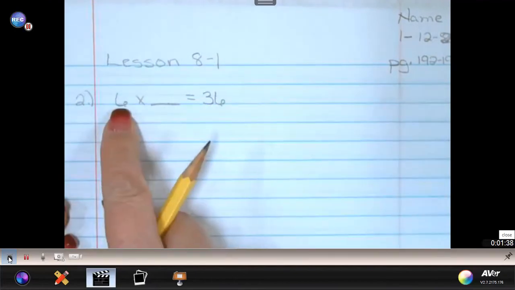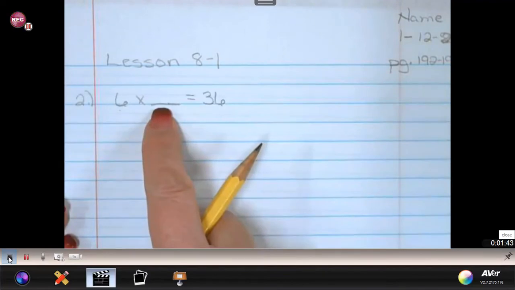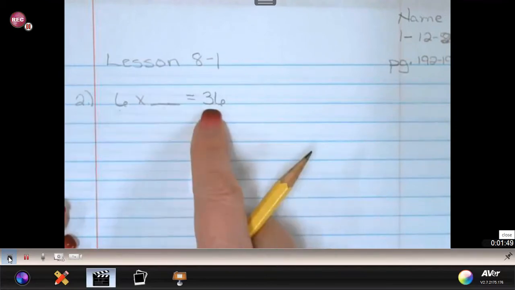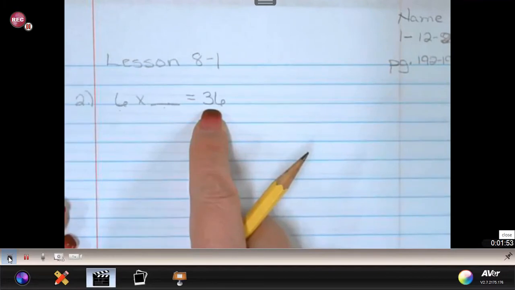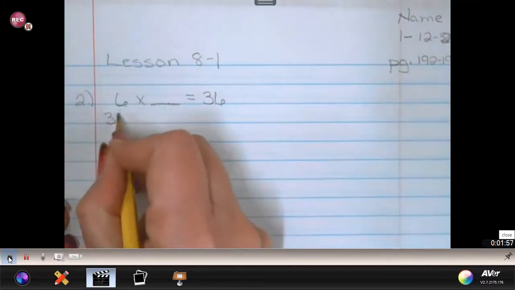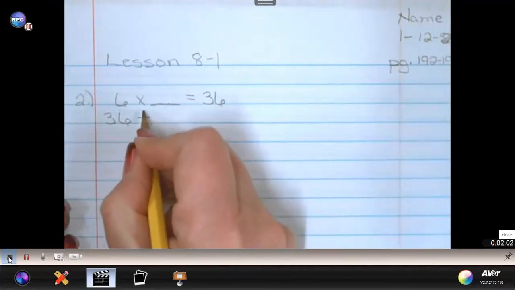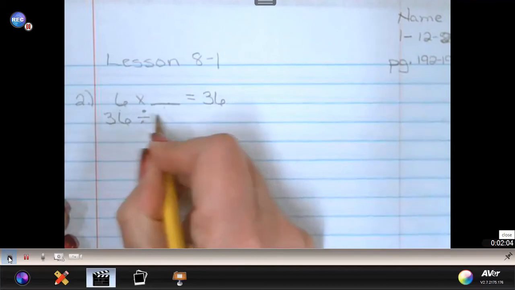So I'm saying I have 6 groups of a number, whatever that number might be, and if I add those groups together of whatever this number is, it should add up to 36, because remember, multiplication is repeated addition.